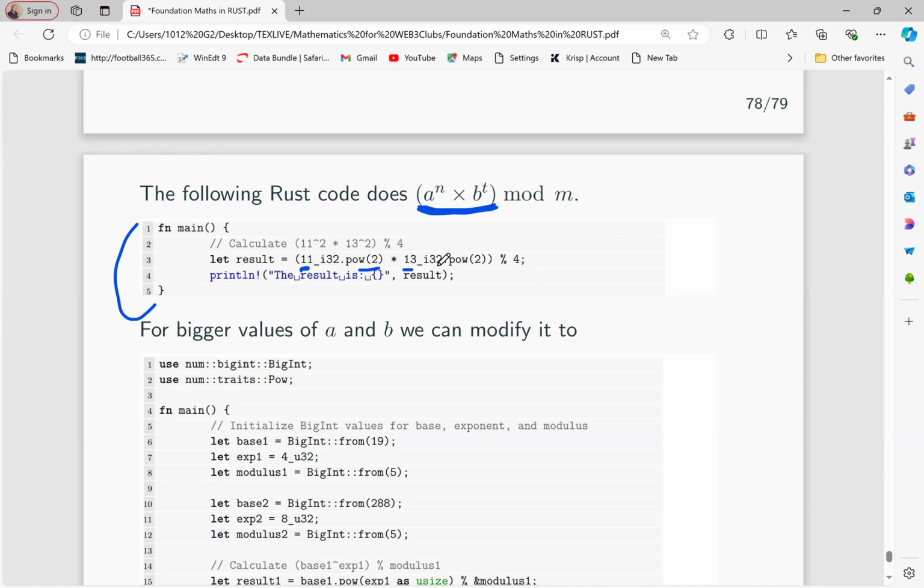Of course, you can have an I64, an I128. Power. And my power T here I've taken to be 2. Then my M I've taken to be 14. It will print the result. Let's look at the code. So that is if you want to multiply, that's how you do it.